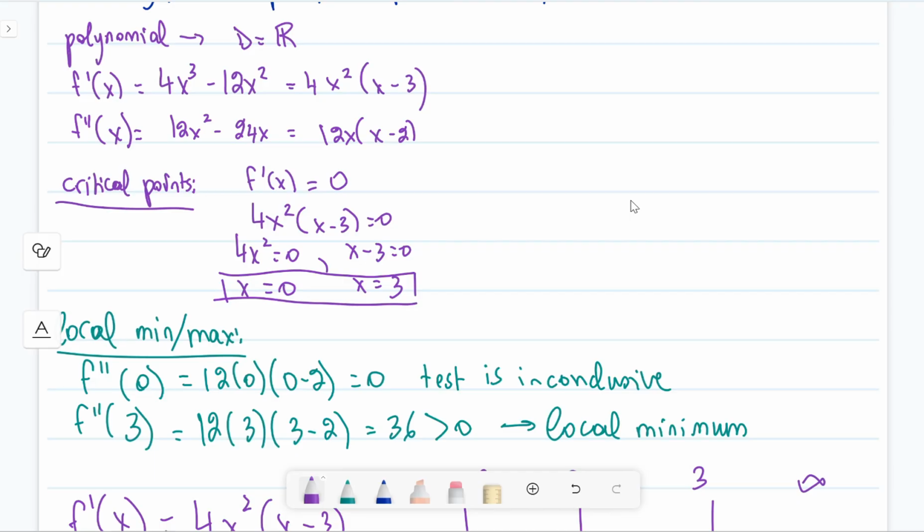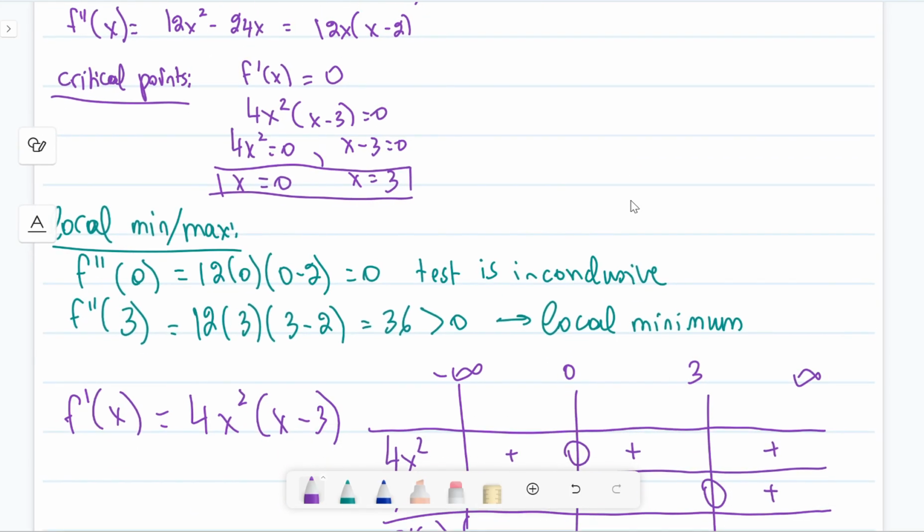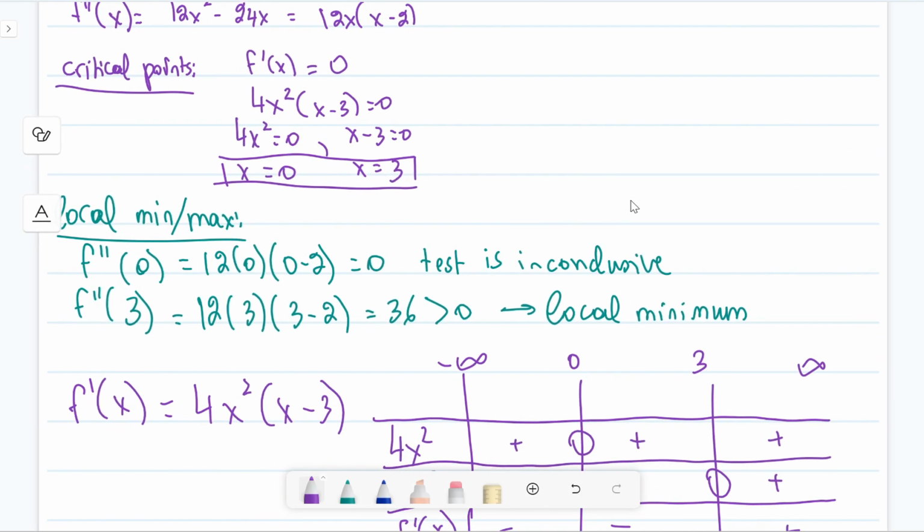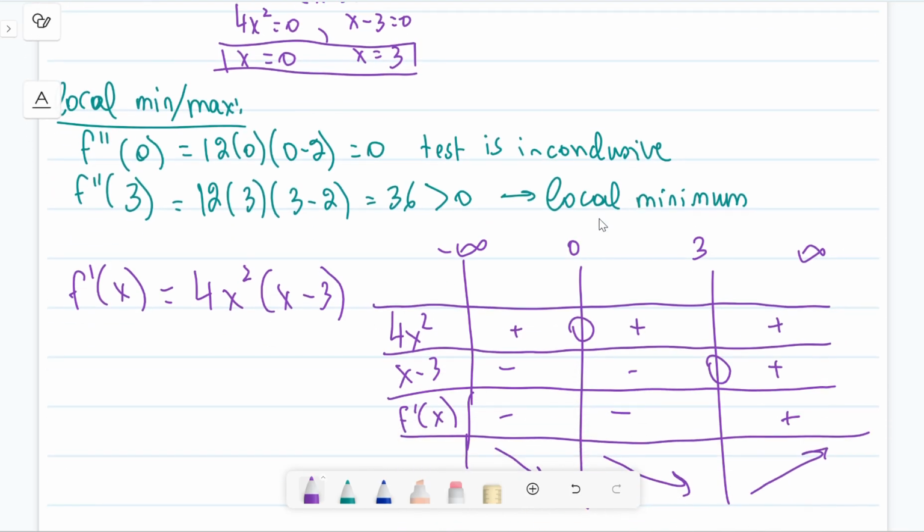Now, since the second derivative test was inconclusive regarding the point x equals 0, we can use the first derivative test to know whether we have a local minimum, maximum, or just nothing at this point. Our first derivative, we already computed it to be 4x squared times (x minus 3). So let's put all these terms in the table. 4x squared, since we have x squared, is always positive. x minus 3 is positive if x is greater than 3, but negative otherwise.